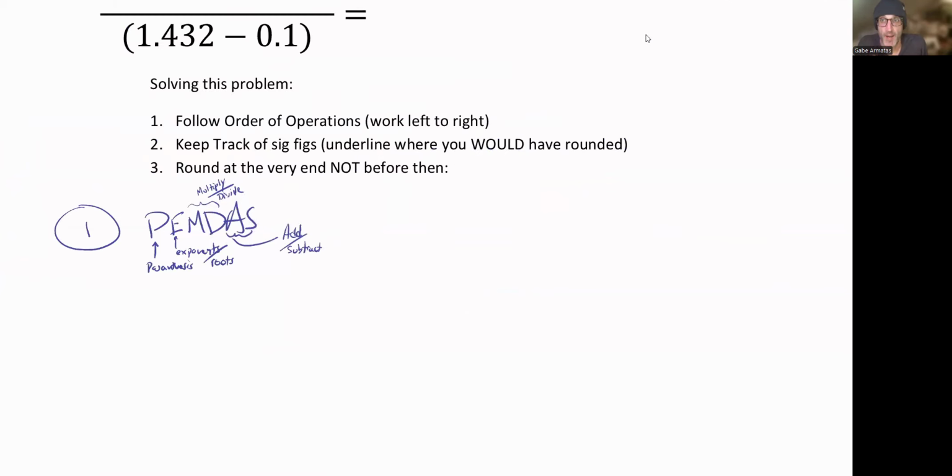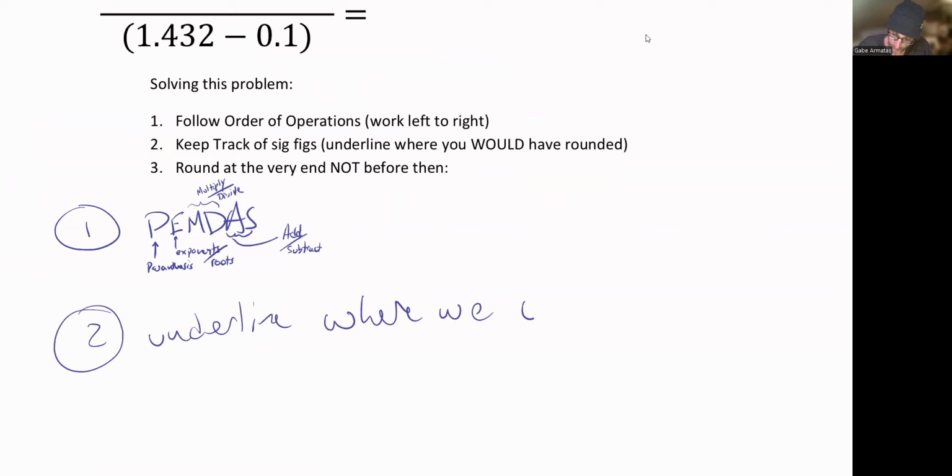When we properly do that, number two, we always have to underline where we would have rounded. We want to keep track of that because that's going to be relevant in the end. We're going to do them one calculation at a time.